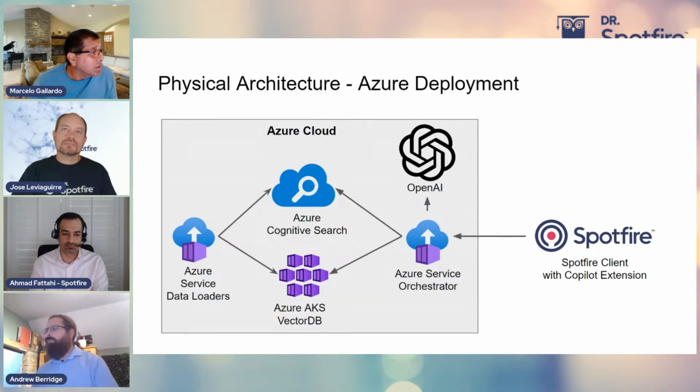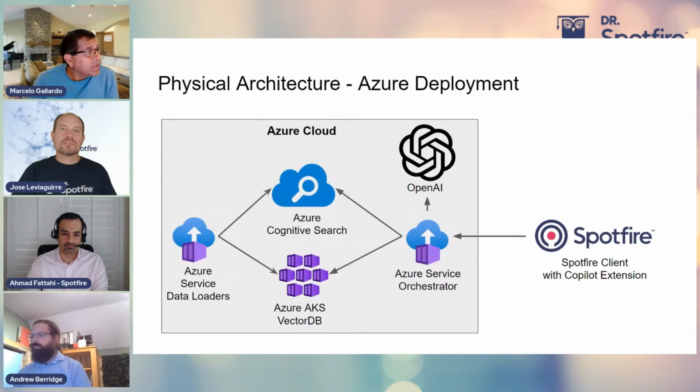Also, if the user decides to use Azure Cognitive Search, that's a service provided by Azure. And also in this case, we can see the instance of OpenAI is hosted in the Azure Cloud. The communication between the Spotfire client with the Copilot extension and the system is through a secure REST interface.